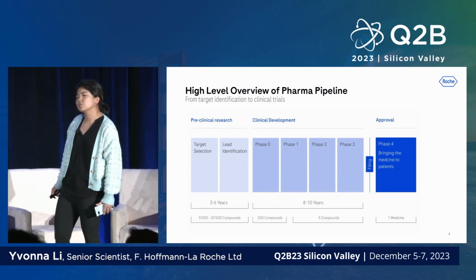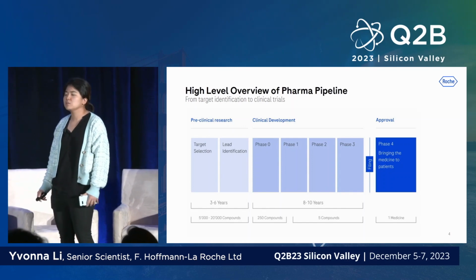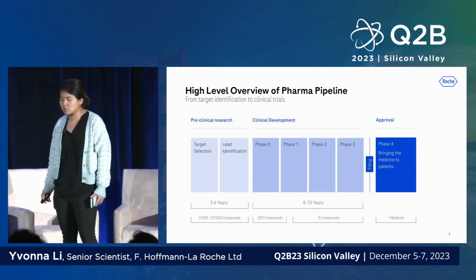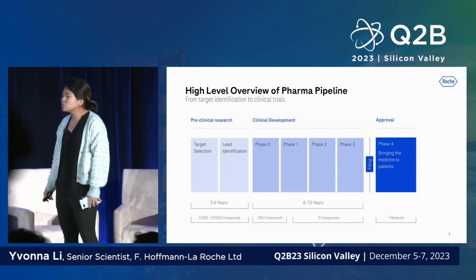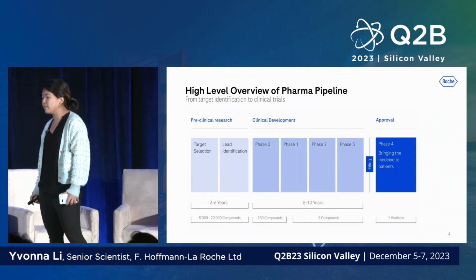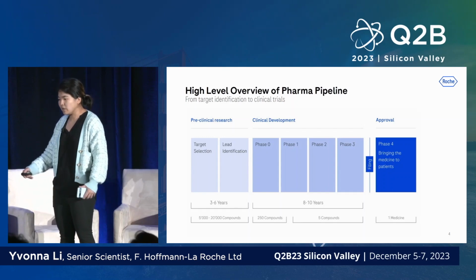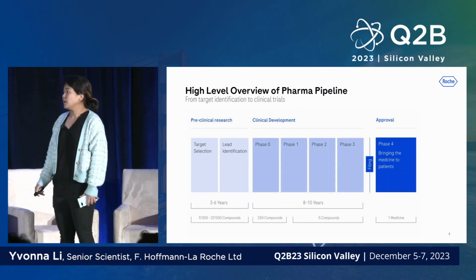So this is what I would call reverse engineering, where we have a target and we need to be able to find a molecule that can modulate this target, so inhibit its function or amplify its function effectively. And usually in order to do this, we need to screen thousands upon thousands of molecules to find the right one that can modulate the function with the right level of efficacy and not too many side effects.